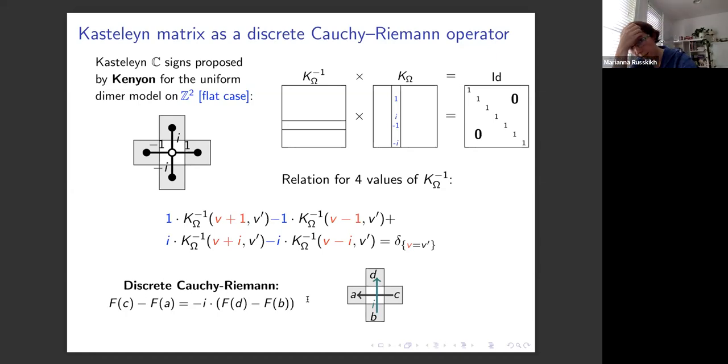One of the main tools for establishing the convergence of two-dimensional lattice models to the conformally invariant scaling limit is discrete complex analysis and potential theory.